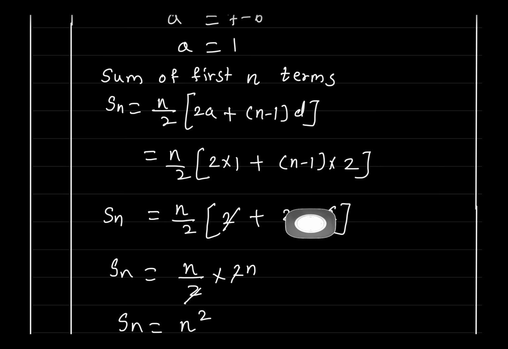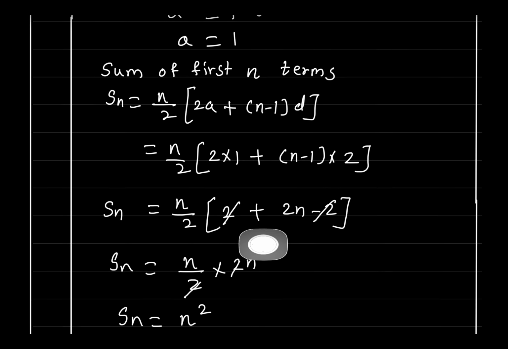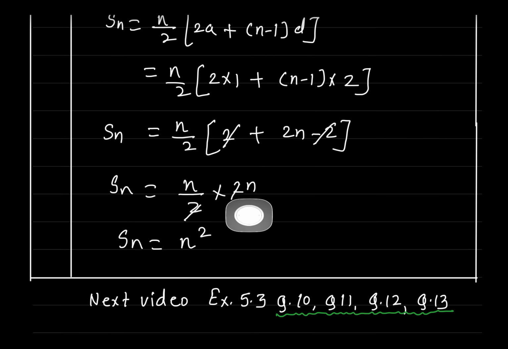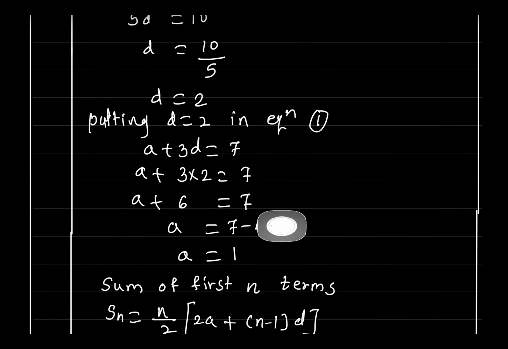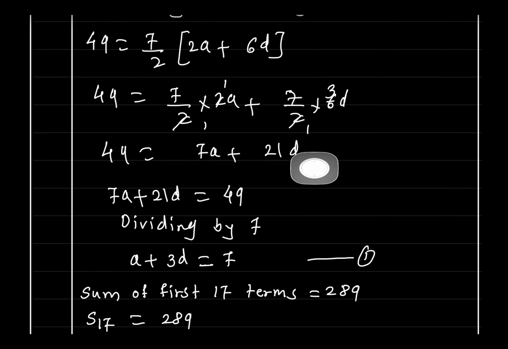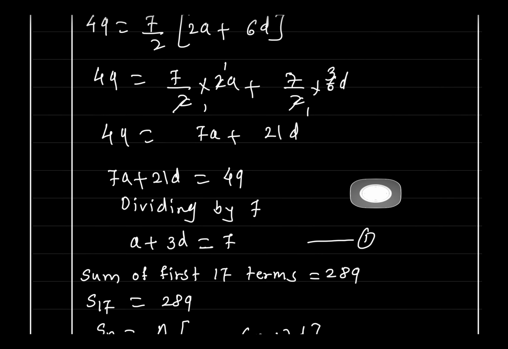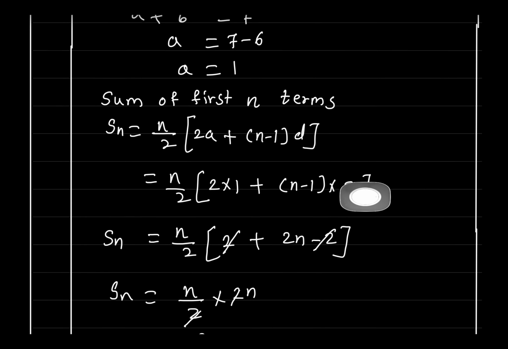So n upon 2 into 2 plus, as it is, now by this 2 you have to multiply the whole bracket, 2 into n, 2n, minus sign as it is, and 1 into 2, 2. This plus 2 and minus 2 will get eliminated, means the addition will come 0. So only 2n will remain. n upon 2 into 2n, so 2 ones are 2, 2 n's, so n into n. Sn equal to n square.